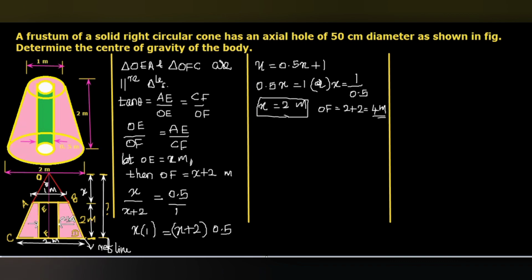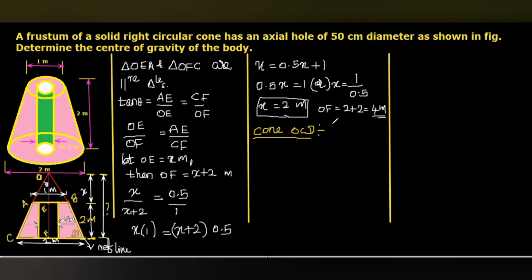That we have to calculate. So we are going to consider three segments. One is OCD, the large cone, from which the smaller cone OAB has to be subtracted, and the axial hole with a diameter 0.5 meter also has to be subtracted. So the first one, segment 1, will be cone OCD.